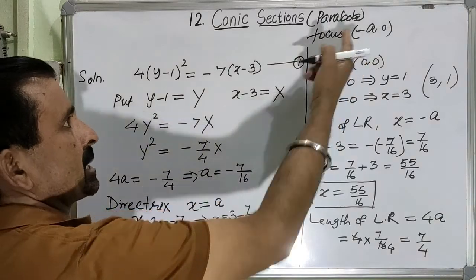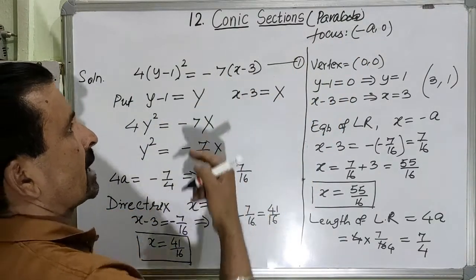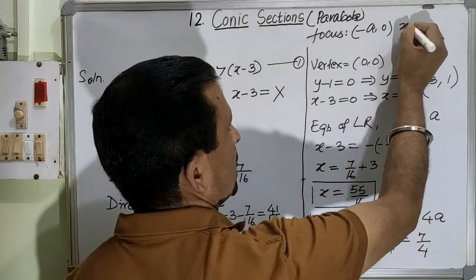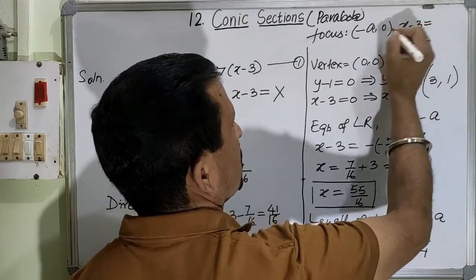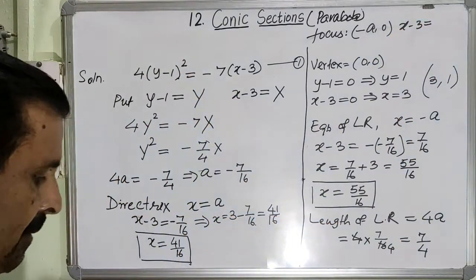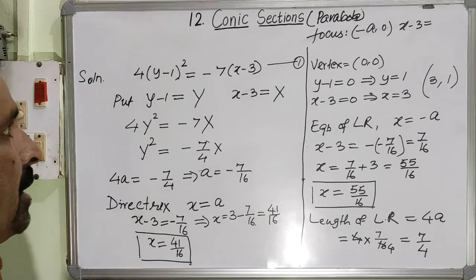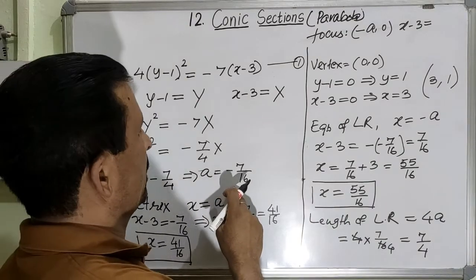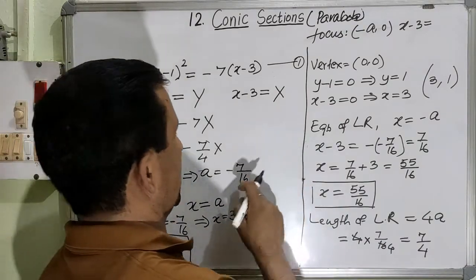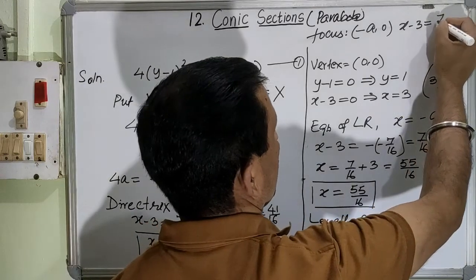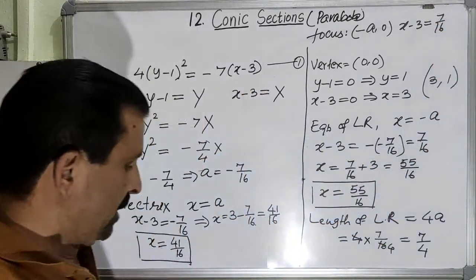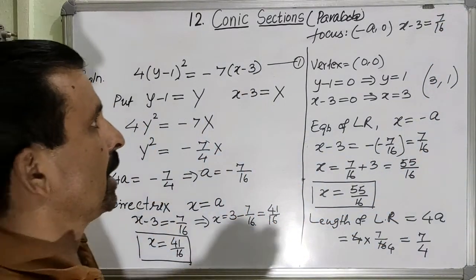This minus a is from the x coordinate. Therefore, we will take this x minus 3, and this is equal to minus a. This minus a is equal to how much? With the sign we will take 7 over 16.